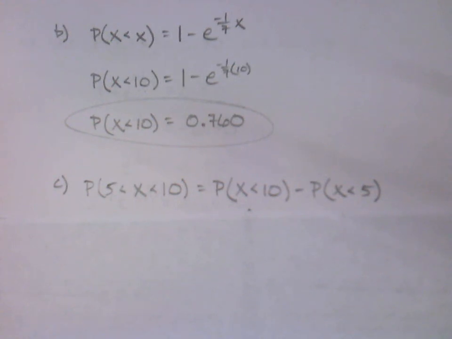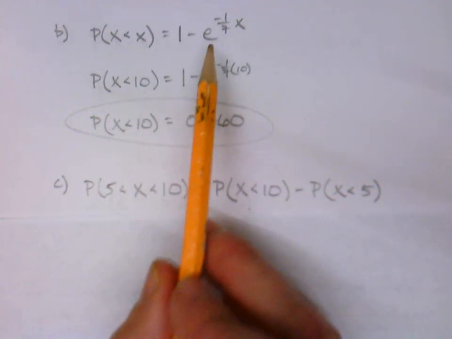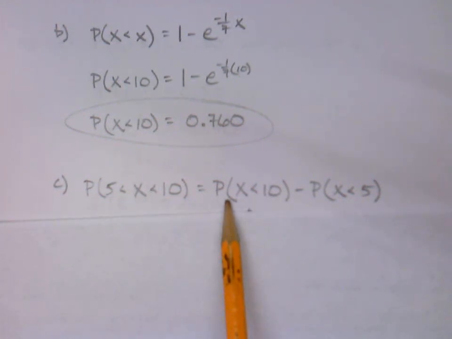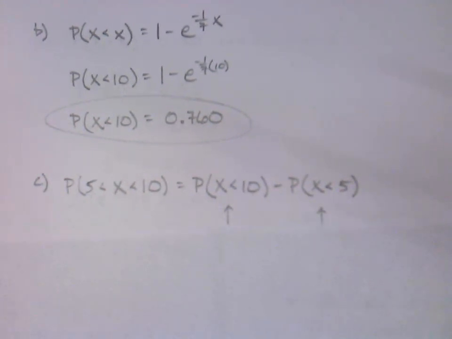And you think, well, I don't have a formula for this. I have a formula for a less than, right? I know how to plug that in, but this, I have no idea what to do. So here's how we're going to think of it. We're going to take the probability for x less than 10, and then we're going to subtract the probability that x is less than 5.